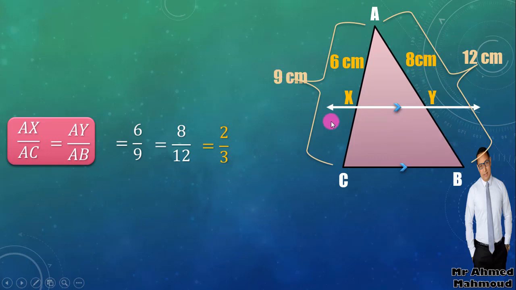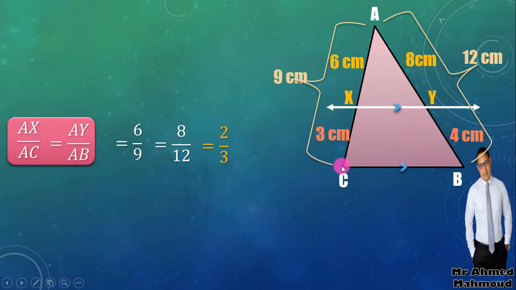Now, using the same example, to find YB it will be 12 minus 8 equals 4, and to find XC it's equal to 9 minus 6 equals 3. Now by making a proportion between AX and XC, AY and YB, here 6 divided by 3 equals 2 and 8 divided by 4 equals also 2.